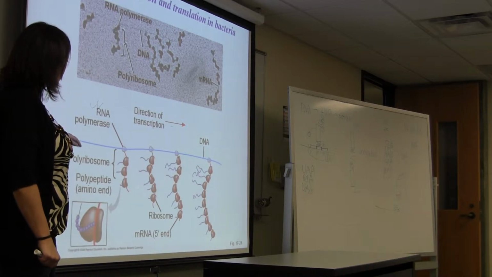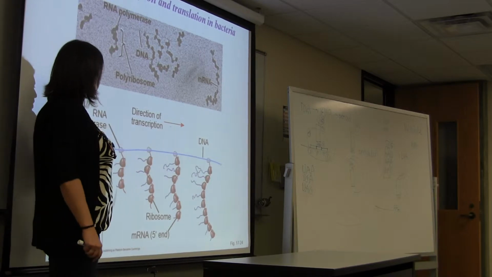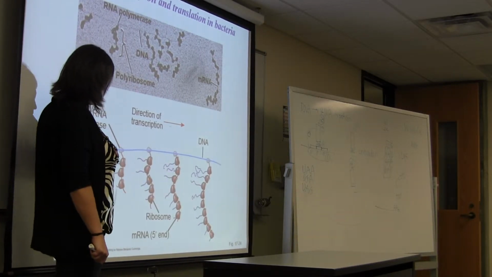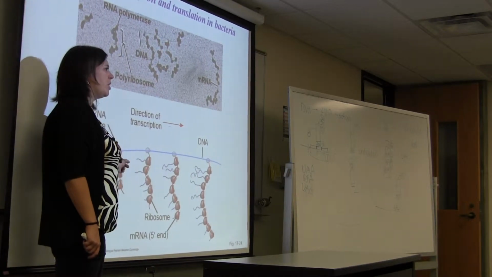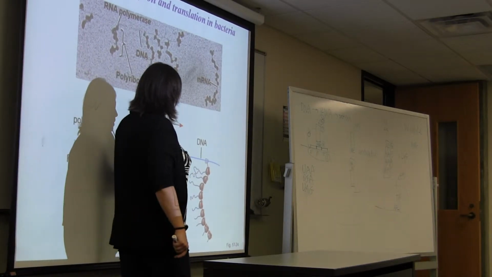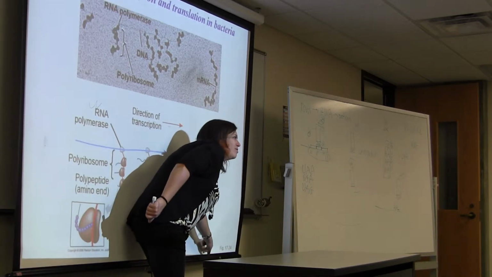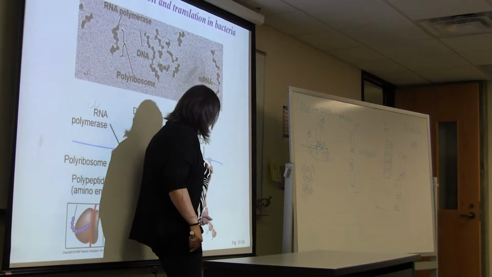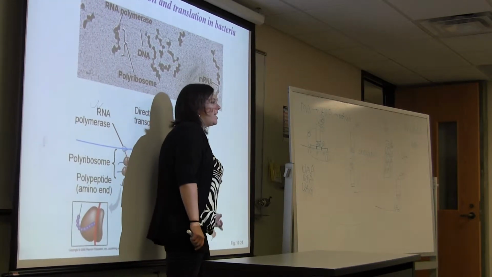So what will happen is we have our DNA and our RNA polymerase, which is helping to transcribe the DNA. Here's our piece of DNA. The red pieces are going to be our new mRNA. As these RNA polymerases are going down, they're making this new mRNA molecule. But before the mRNA molecule even gets finished being made, all of these ribosomes are going to jump on and start translating.